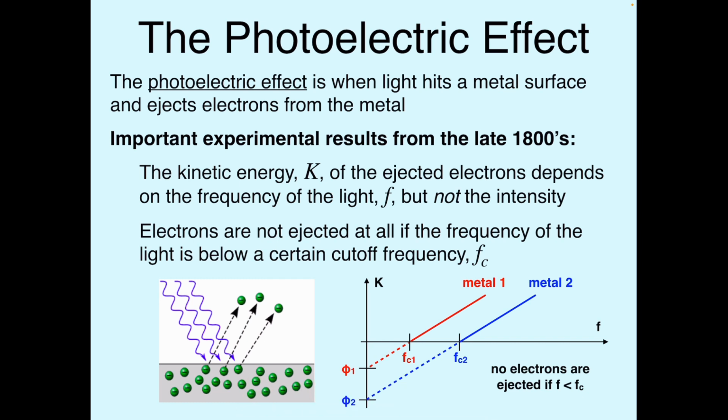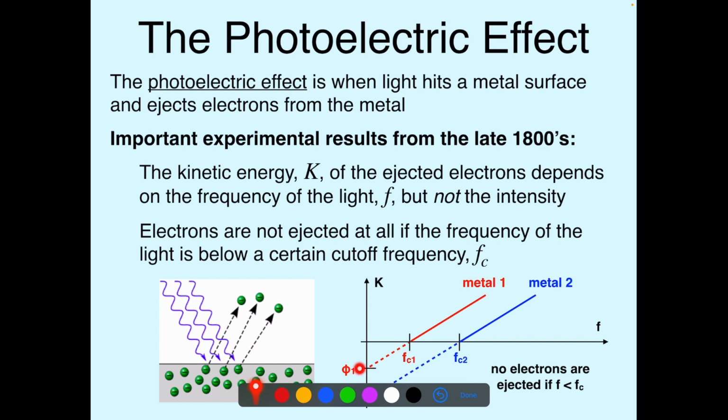Now, different metals are going to have different lines on this graph. So for example, if this is metal number 1 shown in red, this is metal number 2 shown in blue, and you can see they have different cutoff frequencies. That's generally going to be the case. And we can also imagine extrapolating these lines back. Okay, so this is not actual data. This is just an extrapolation of the line backwards, shown with the dashed line, until we hit basically the vertical axis.